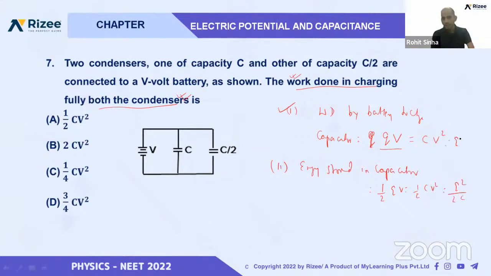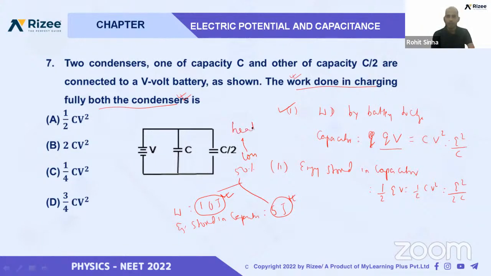What we see, suppose a battery is doing work of 10 joule, then the capacitor gets charged. How much energy is stored in the capacitor? 50%. 10 joule work is done by a battery and 5 joule energy is stored in the capacitor. That means 50% energy is lost. This 50% loss occurs in the form of heat and other forms of energy.